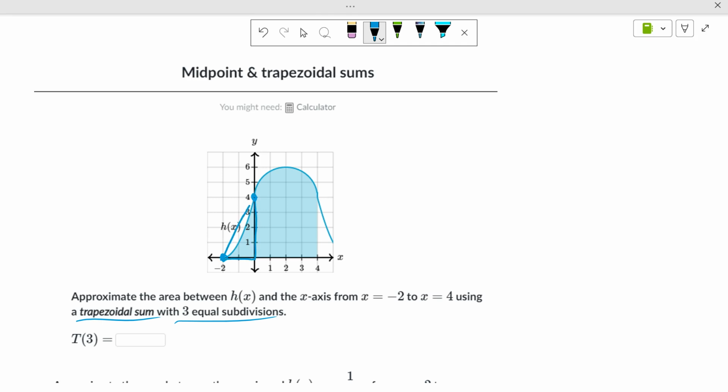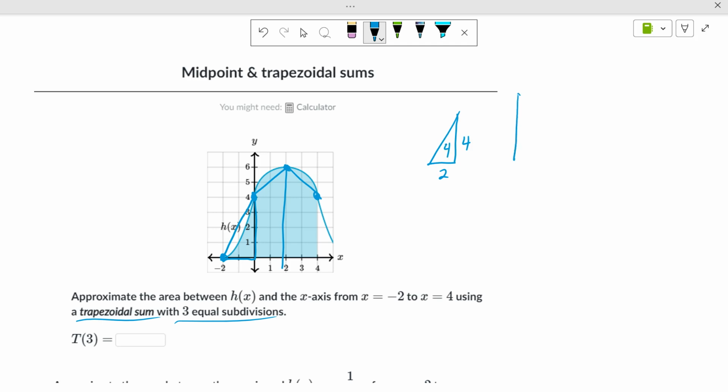Well, it actually makes a triangle, not a trapezoid. Then from here to here makes a trapezoid. And then from here to here makes a trapezoid. Okay? So our first triangular one is a width of 2 and height of 4. 1/2 of 2 times 4 is 4.